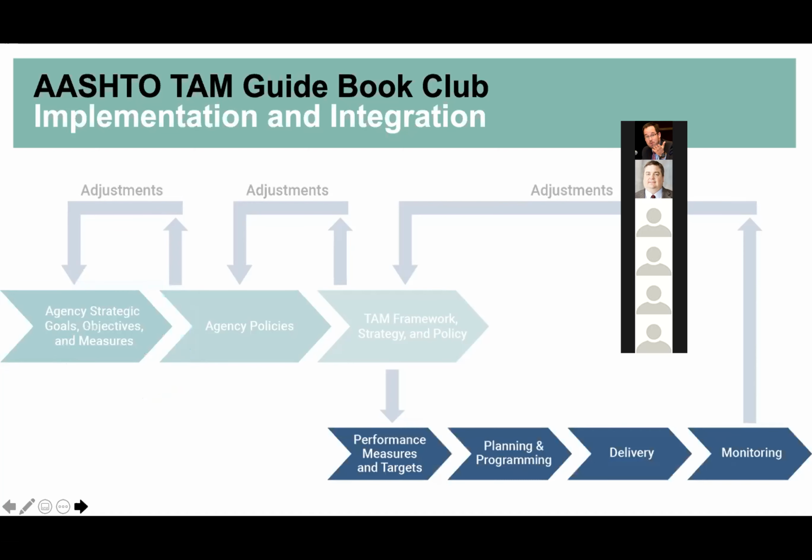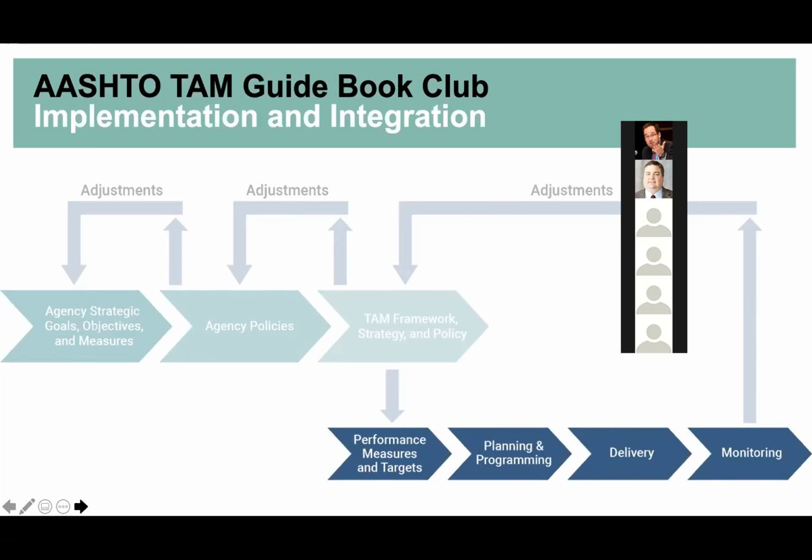On the next slide, we're going to focus a little bit more in terms of implementation. So we've got our TAM processes in place. We've written the TAMP, and what's really important here is implementing the objectives that we wanted to achieve. So a lot of times they can be defined by performance measures and targets, but they need to be delivered and implemented by a lot more than just the asset management person or small group within an organization.